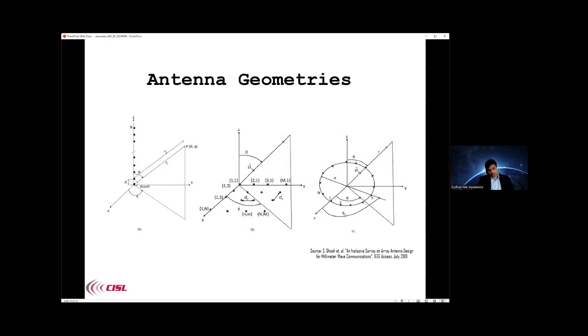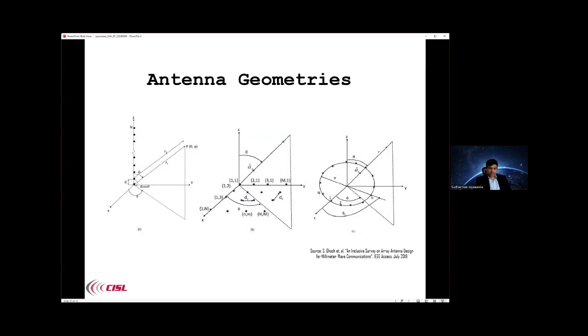In the case of two-dimensional antenna arrays, you can have planar antenna arrays, where the antenna elements are placed on a plane, either a rectangular or square array, where you can have both horizontal and vertical direction element spacing.